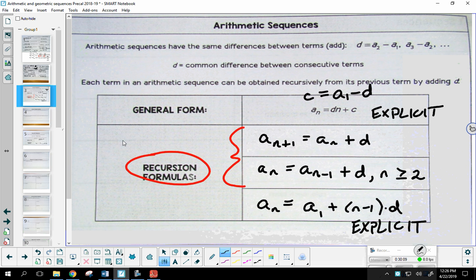One formula that's going to be really useful to you is this one right here. If you ever want to create an explicit formula, you're going to use that last one. And what you're going to find is those explicit formulas, if you're just adding some value over and over again, you should get a linear function. It's just going to end up y equals mx plus b, slope-intercept.